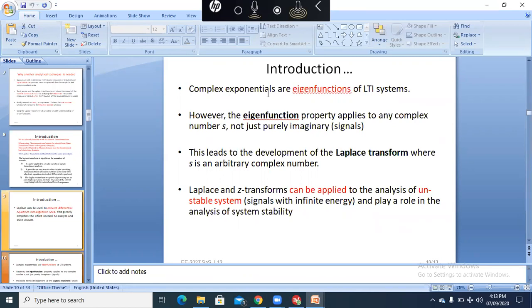All these circuits belong to the LTI systems, in which we apply the input, sinusoidal or cosinusoidal, in the form of an exponential, and we take the output in the form of weighted exponentials. So these are the eigenfunctions of these LTI systems.